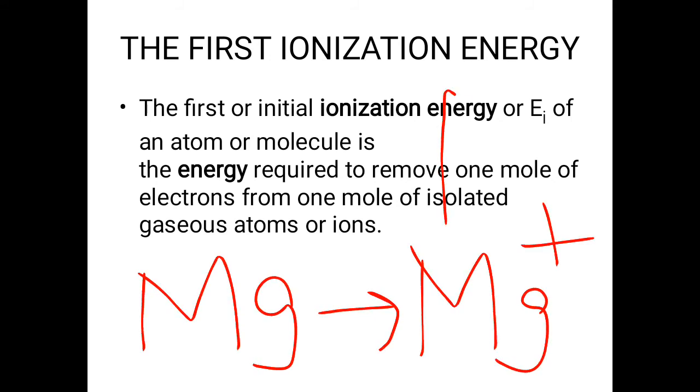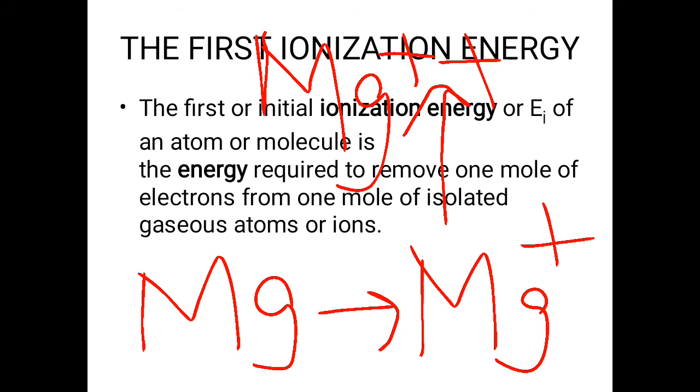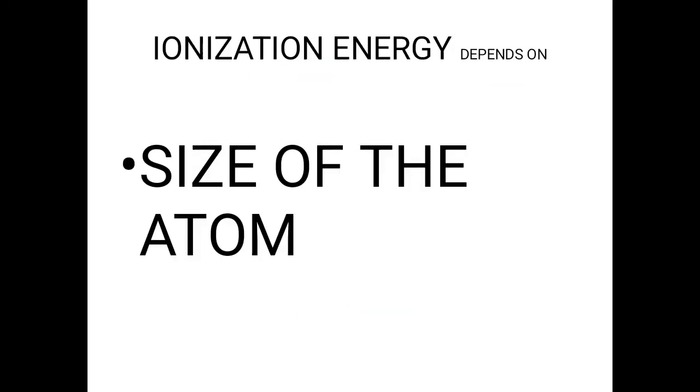But on providing much more energy, the magnesium positive ion will knock out its second outermost electron and 2 positive charges will arise. So this is how it is possible that one element can lose 1, 2 or 3 electrons. Now ionization energy depends on the size of the atom.